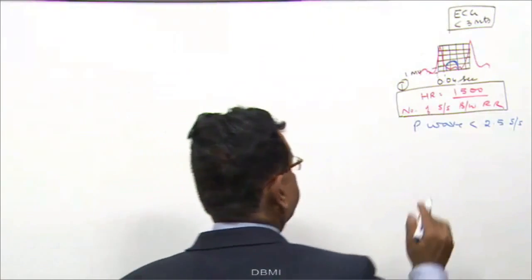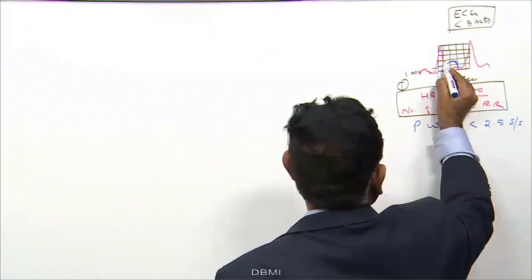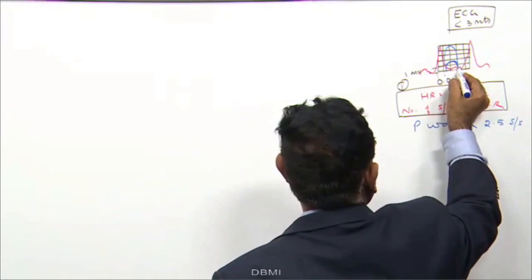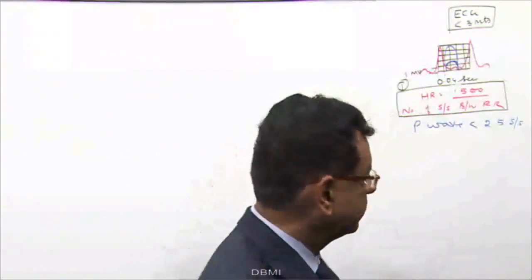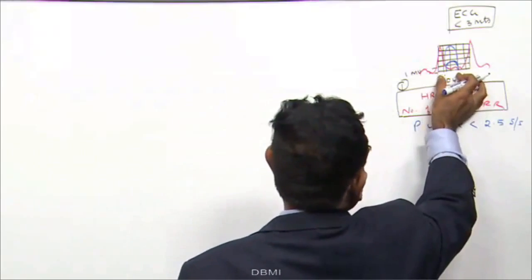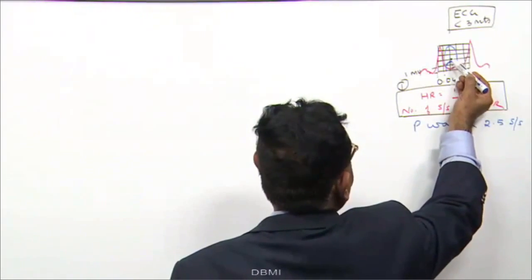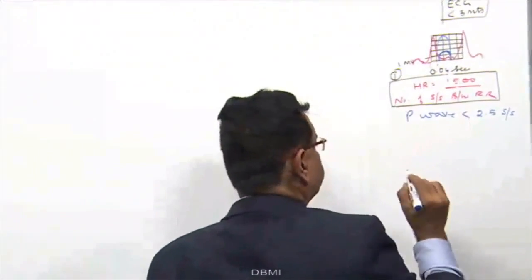And if you get a P wave like this, a tall P wave, look, width is normal, but height how much tall? 1, 2, 3, 4, 4.5. Tall P wave.